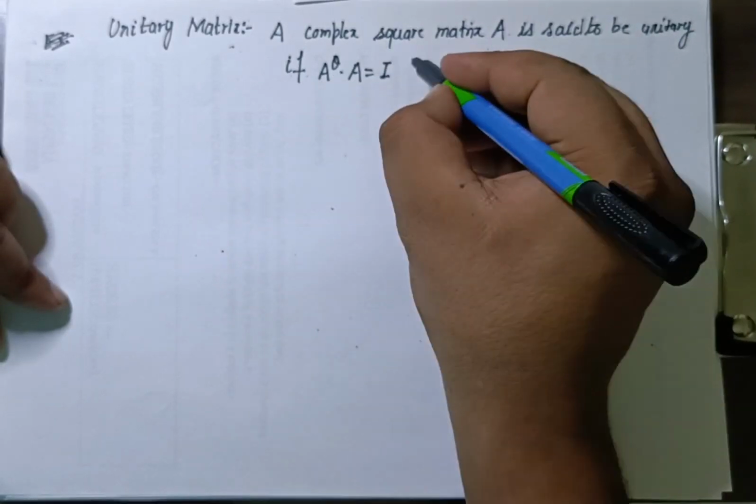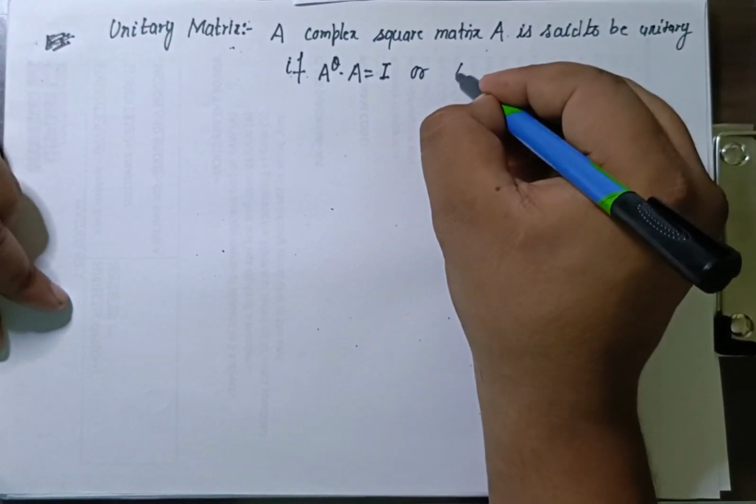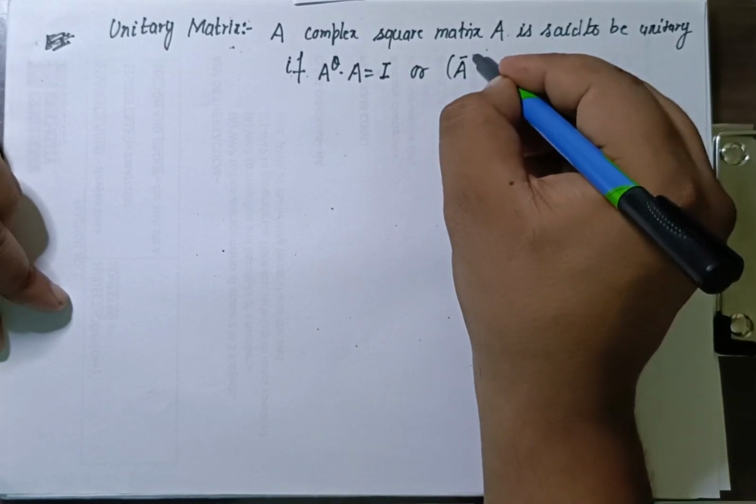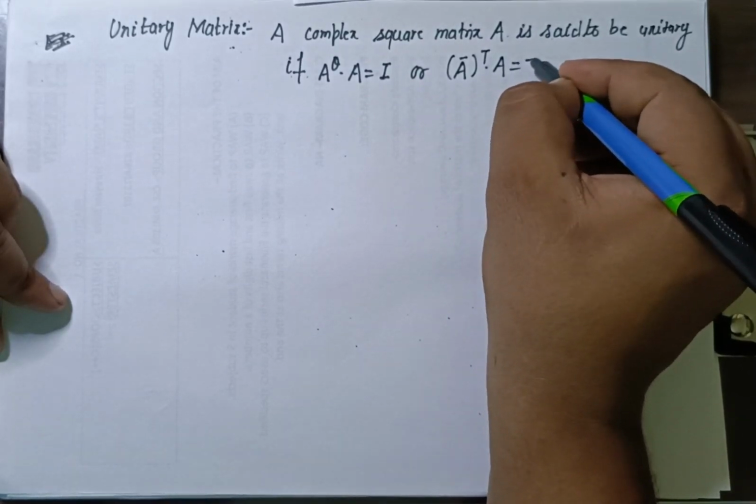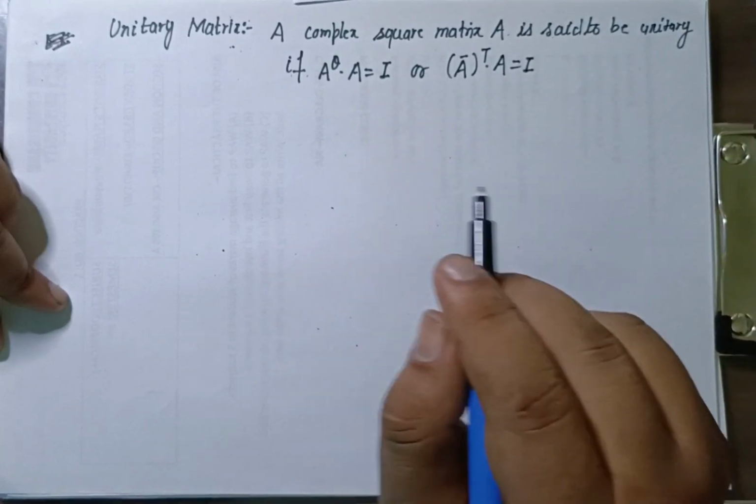Or we can also write A into A conjugate transpose is equal to identity, right?